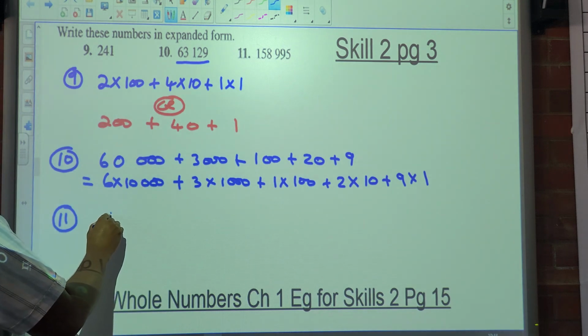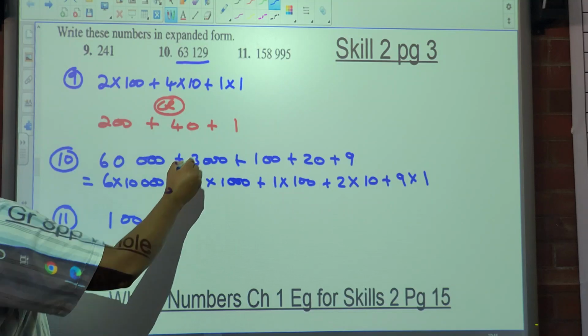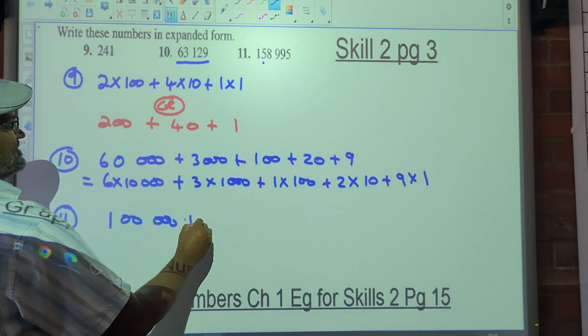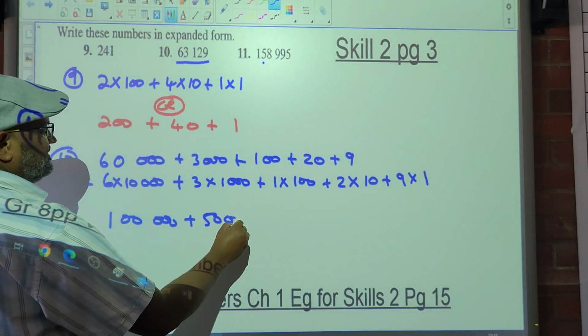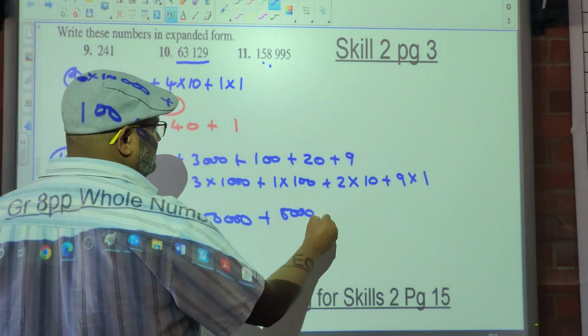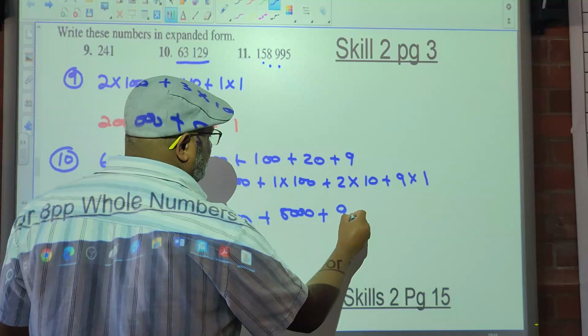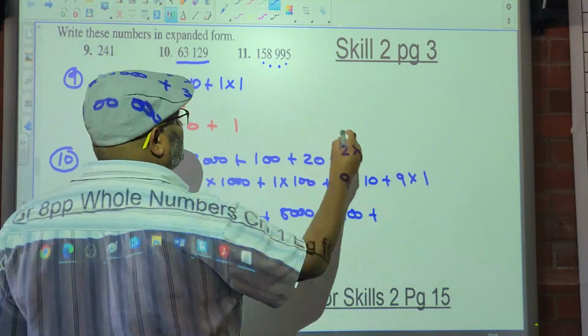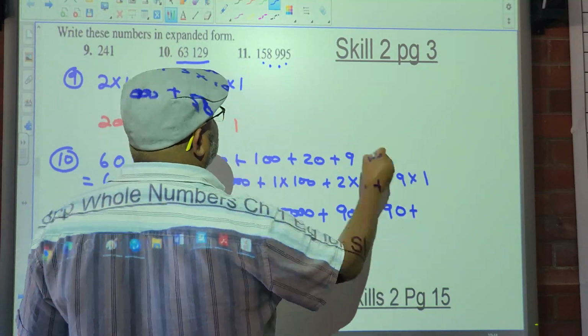So it will be 100,000, then plus 50,000 plus 8,000 plus 900 plus 90 plus 5.